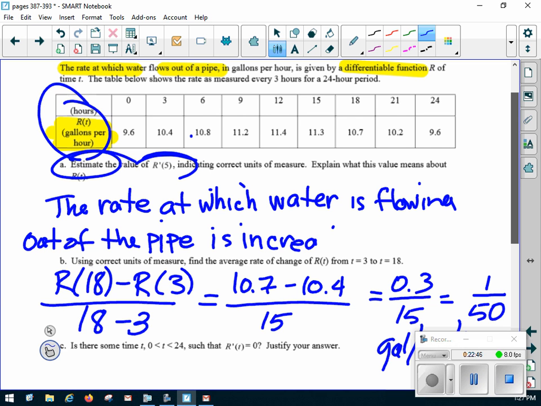The issue is, this is a table. If it had given us the equation for this data, we would have taken the derivative and evaluated that at 5. But I don't know what the rate of change of that rate would be.